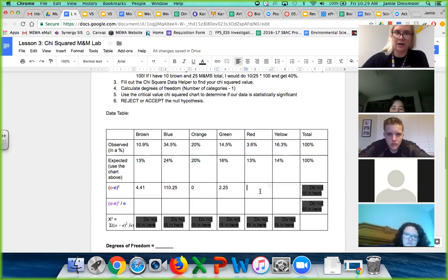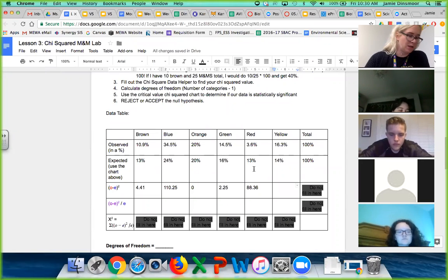Thank you, Destiny. Red is 88.36. That's exactly what I got. We did 3.6 minus 13, and then squared that number. Yellow is 5.29. Good. 16.3 minus 14 squared gives us 5.29.